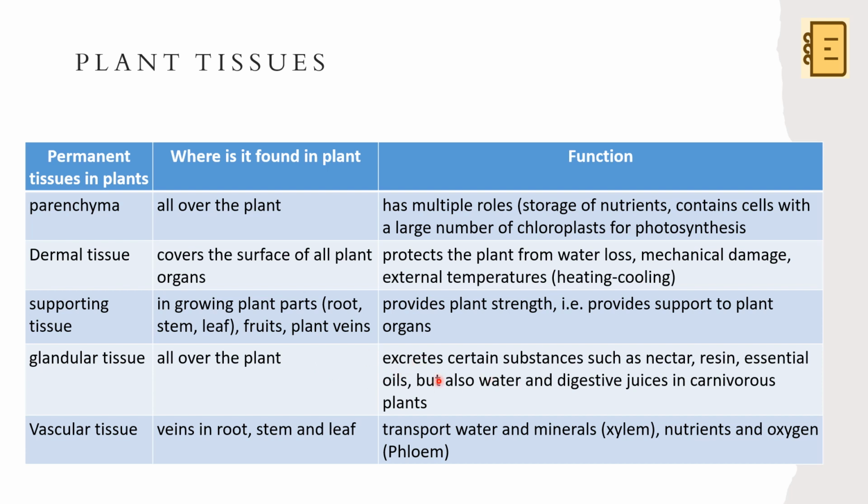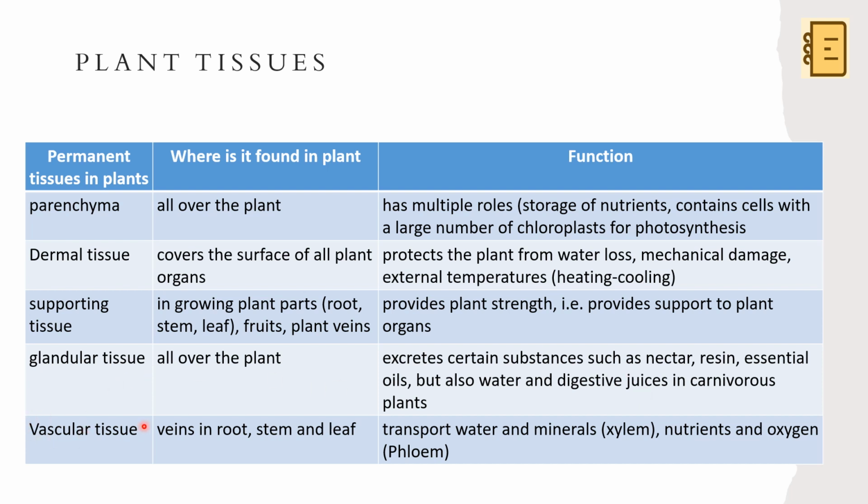In their case, they will produce other stuff like essential oils and nectar, but also you have some plants that are carnivores, which means that they can eat insects so that they can digest or use these insects as food. They need specific glandular tissues which will produce enzymes, or we call them digestive juices, which will help break down these insects so that the plant can use them.